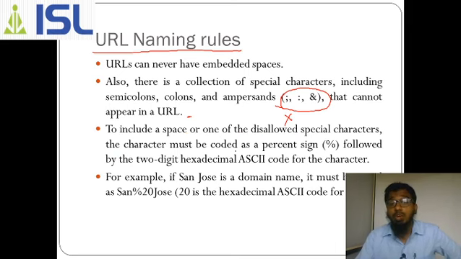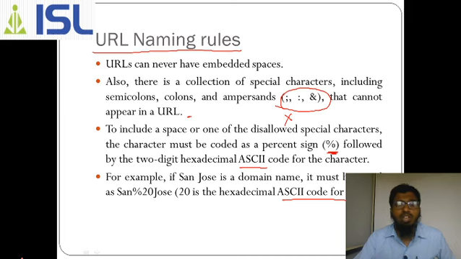If the URL includes a space or one of the disallowed special characters, the character must be coded as a percentage sign followed by the 2-digit hexadecimal ASCII code for the character. For example, if San Johnson is a domain name, it must be typed as San%20Johnson. 20 is the hexadecimal ASCII code for a space.